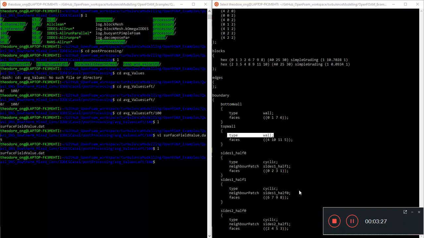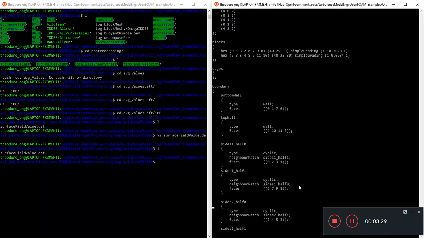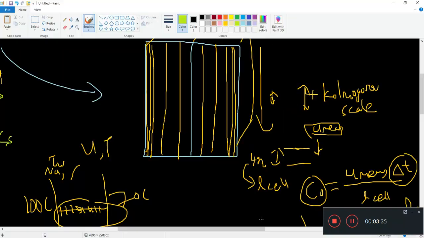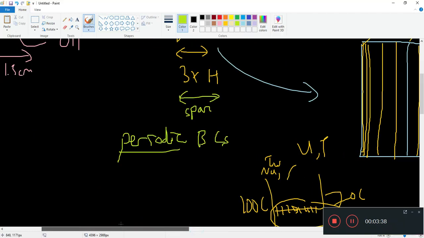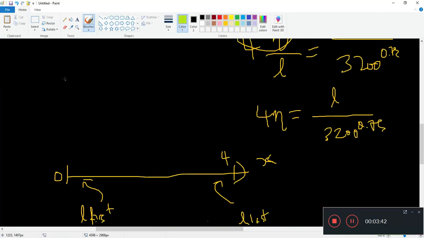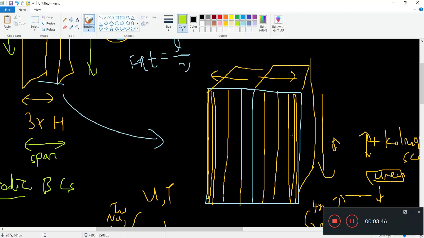The rest are pretty simple. They are just cyclic. This is a periodic boundary condition. What is a periodic boundary condition? Remember we said that we want this channel to be infinite.